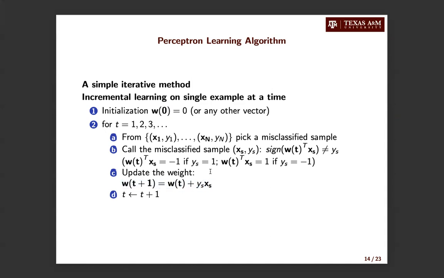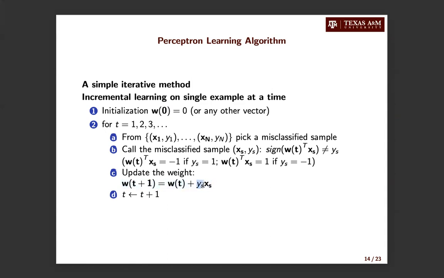However, if our sample belongs to the negative class, then we need to subtract this sample from the weight such that the misclassified sample eventually can lie on the left side of the line. And this is exactly what this equation represents.